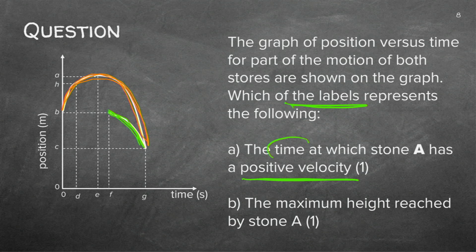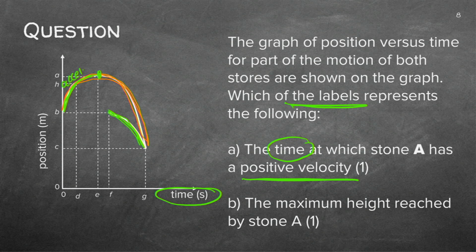Now, it's the time, so you'll immediately go to your x-axis. Where will stone A have a positive velocity? Now, you'll see at the top here, it will be exactly the time that it accelerates, because this will be the positive velocity.